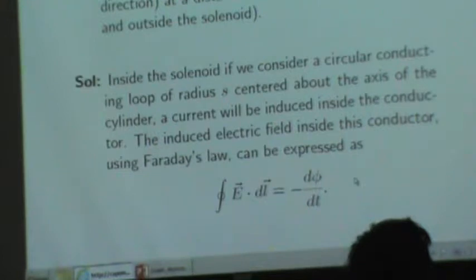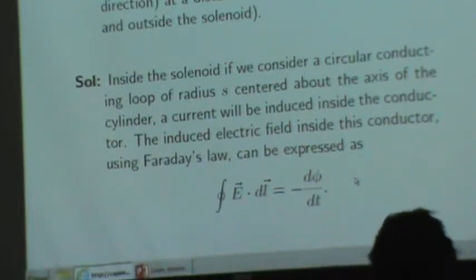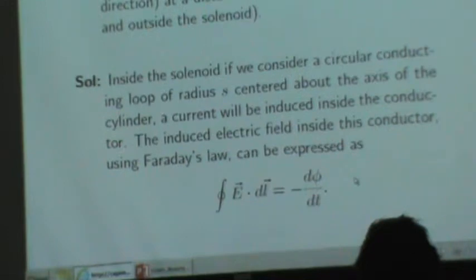So if you have this change in current in the solenoid, and you have a closed circular wire with some radius r that is less than the radius of the solenoid, meaning you put it inside the solenoid, what would be the induced field on that circular loop?